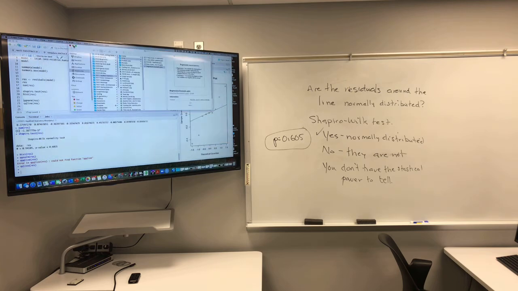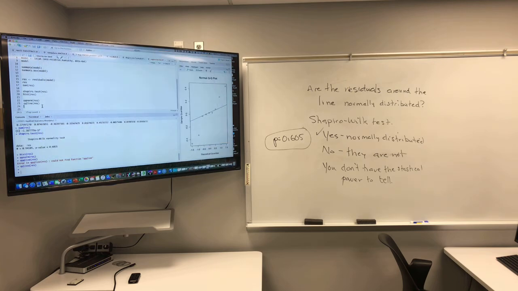So what's the next thing that we have to do? We haven't been annotating this, or I haven't been. So we need to generate residuals. Then we need to test the normality of these.